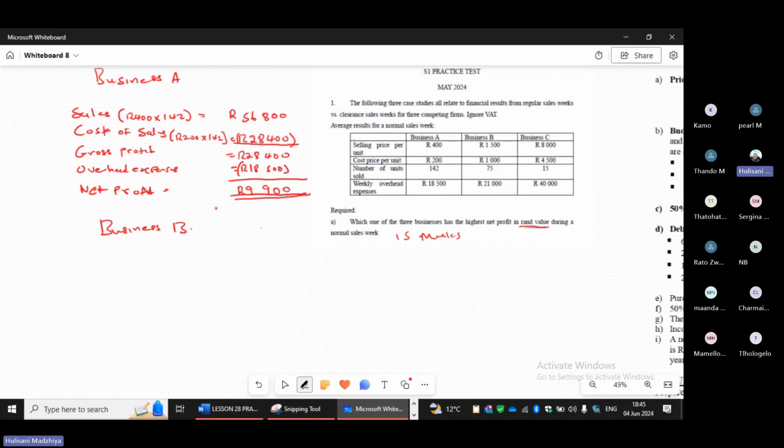But if you do not show it and you say this equals 1,500 minus 1,000 multiplied by 75 minus 21,000, and then you say this equals 4,000, I'm just giving an example. On your final answer, there is no sales value, no cost of sales value, no gross profit value, there is only the overhead expense, which is a given amount, and your net profit as well.